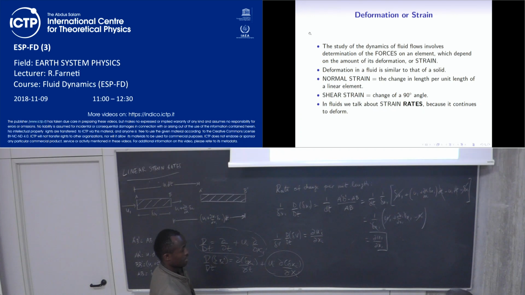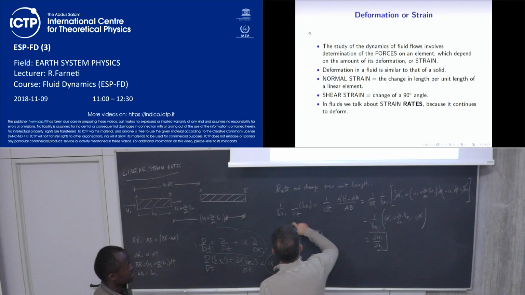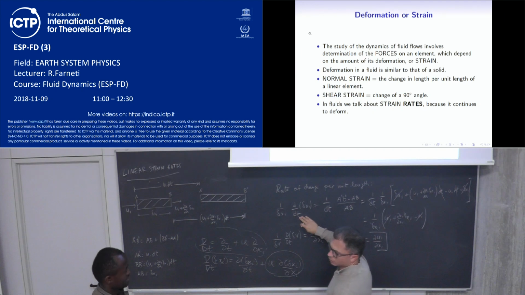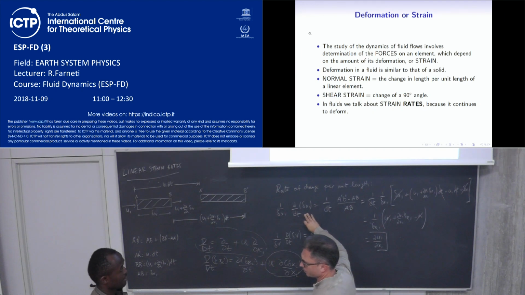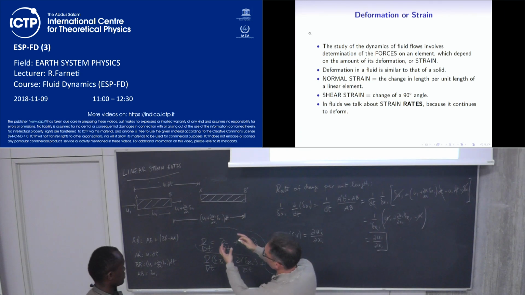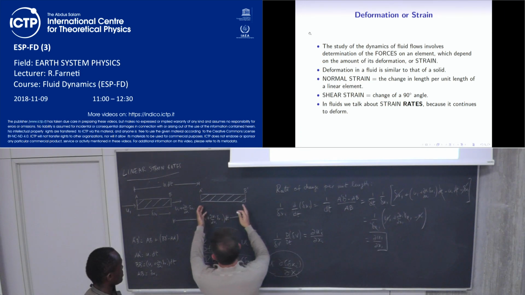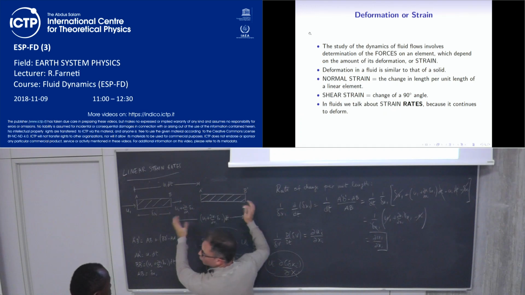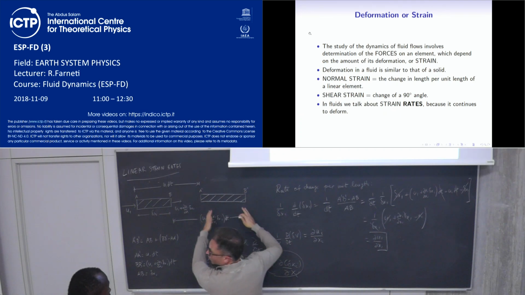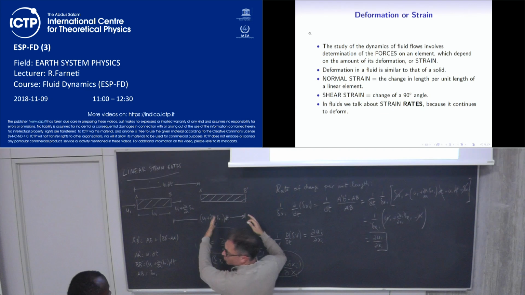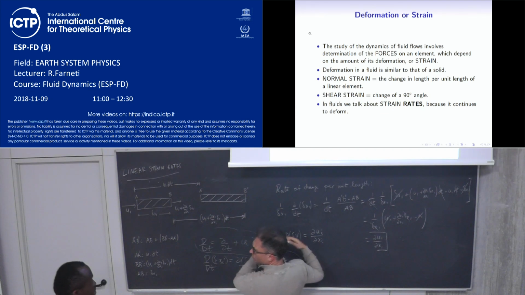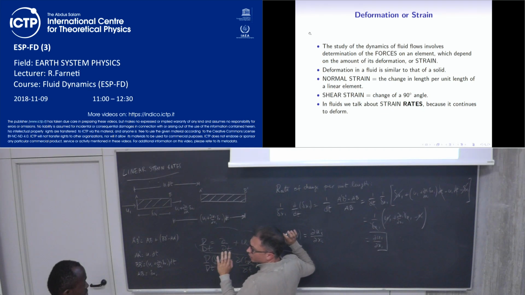And so I'm saying I could have started with, the rate of change of my element of fluid per unit length is equal to, let's go to a simple one-dimensional problem, the rate of change of the element, which you can describe through the d by dt plus the advection, but I'm not touching that yet.